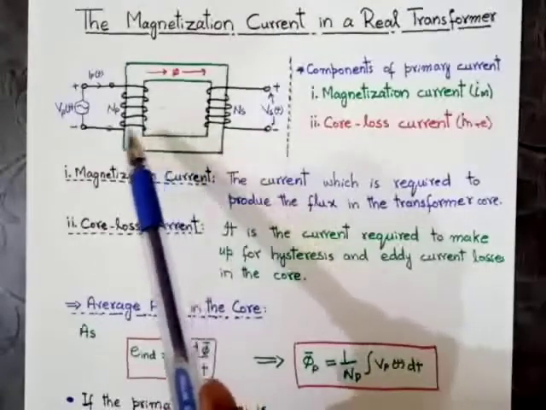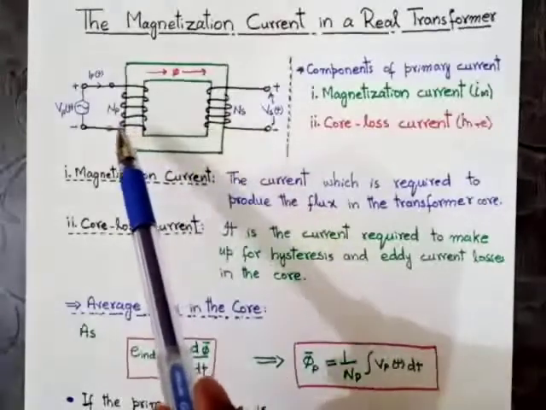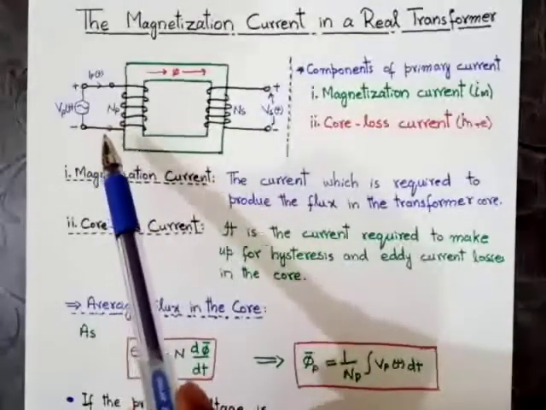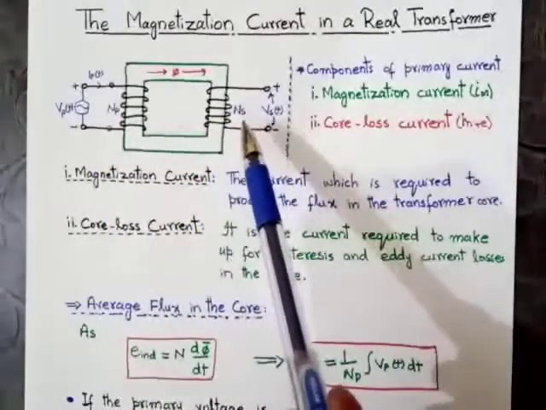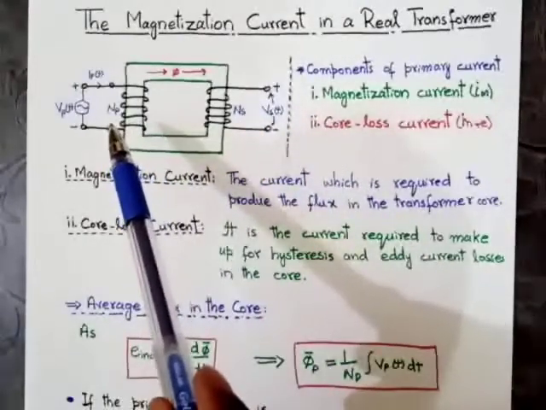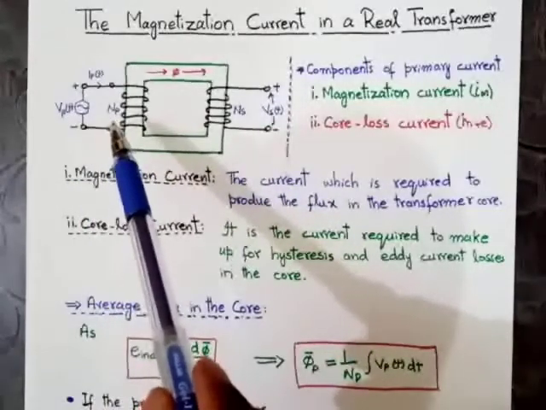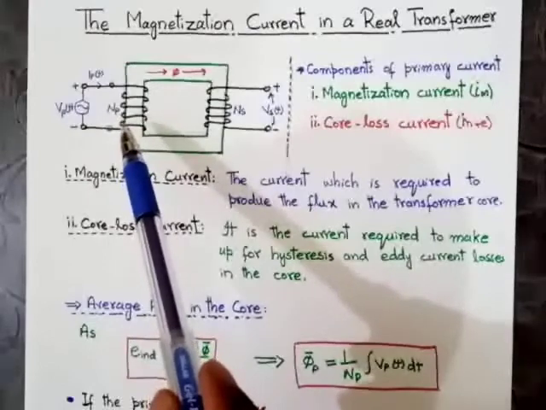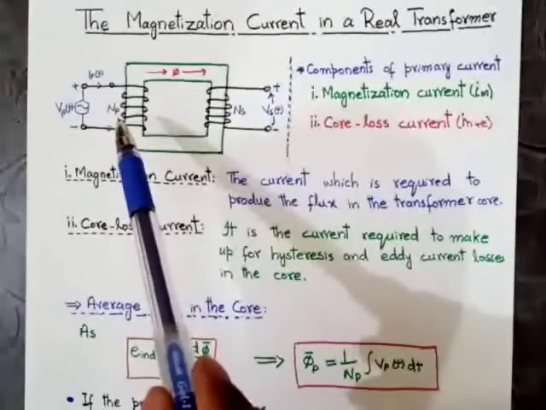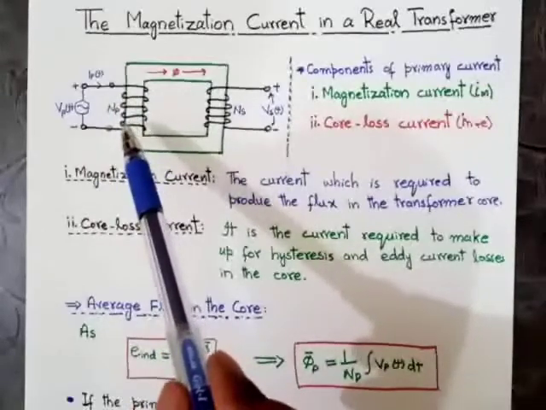As you can see in this diagram, as we have already discussed, this is the primary circuit and this is the secondary circuit. As we know, when we connect the AC voltage source across the primary circuit, then the current will flow in the primary circuit, as you can see in this figure.